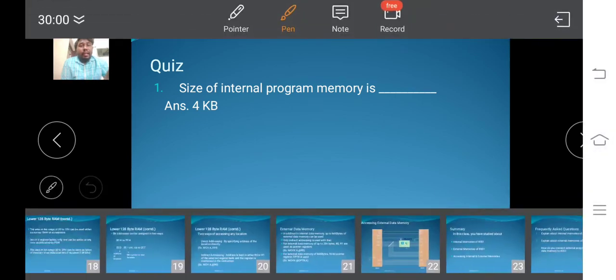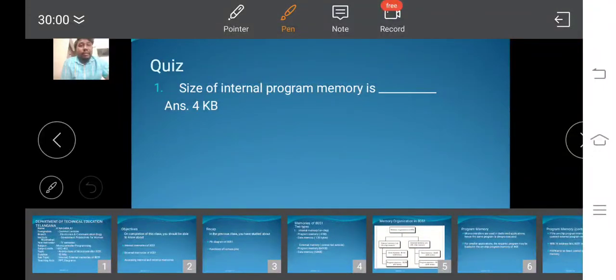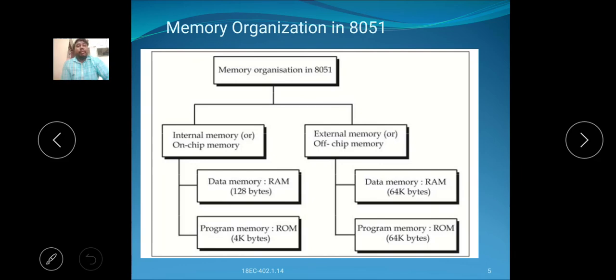In the memory organization, all of you please try to understand the memory organization of 8051. Internal memory, that is the on-chip memory: data memory, that is the RAM, 128 bytes; program memory, ROM, 4 kilobytes.